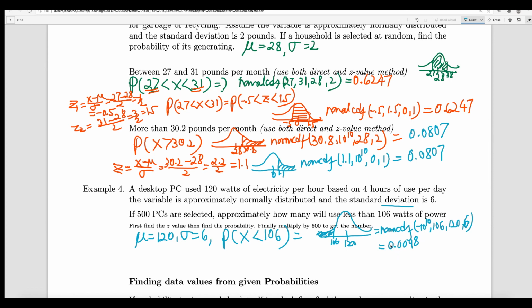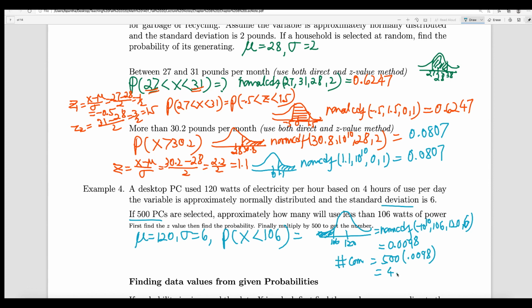What does that mean? That means if you select one computer, the probability that that computer uses less than 106 watts of power is 0.0098. But how many PCs are selected? 500. So the number of computers that use less than 106 watts of power is 500 times 0.0098, which will give you 4.9.